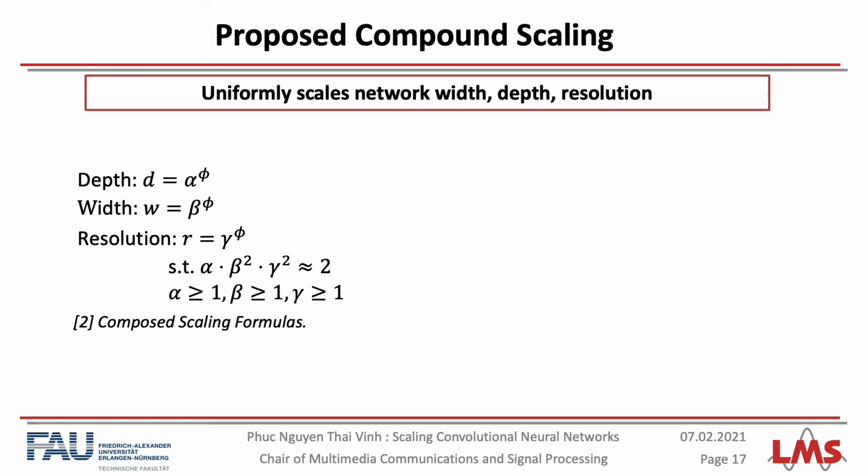The reason is that we want more accuracy, and of course we want to scale up, not scale down, so alpha, beta, and gamma need to be greater than 1.